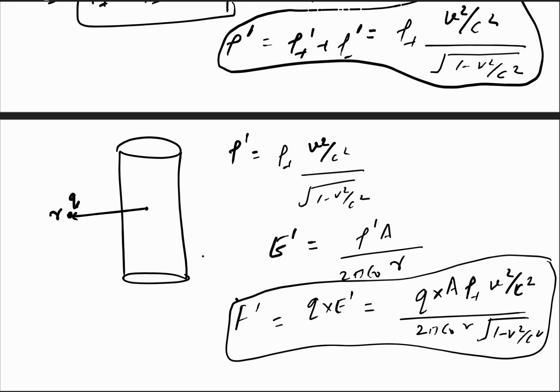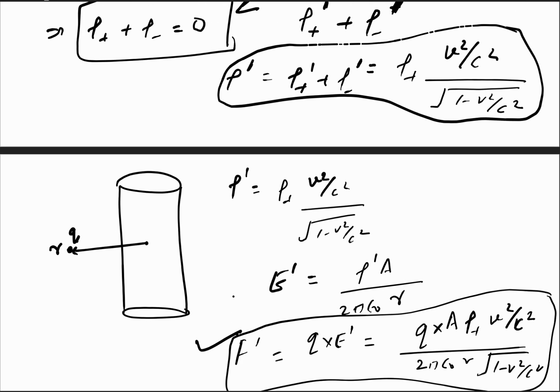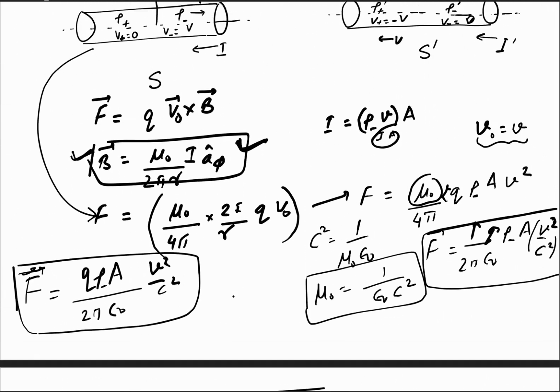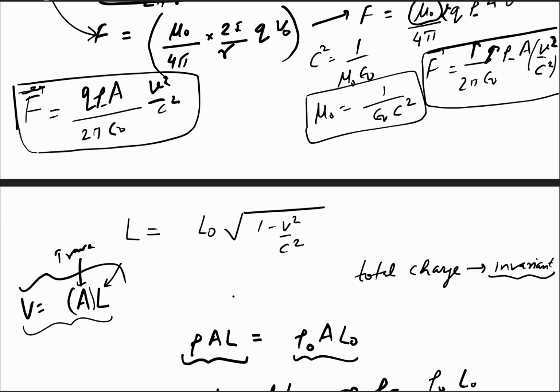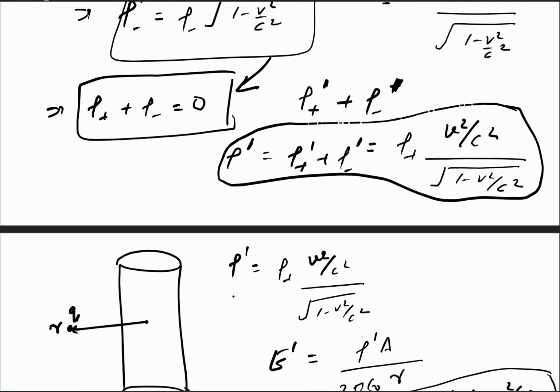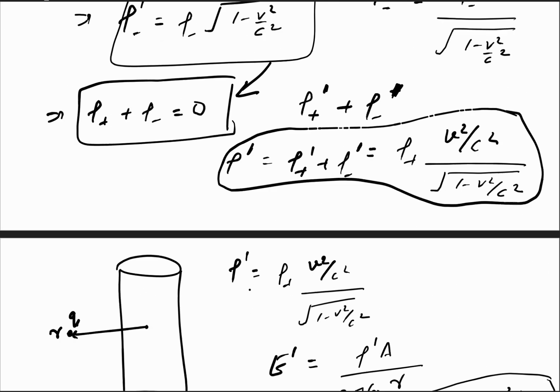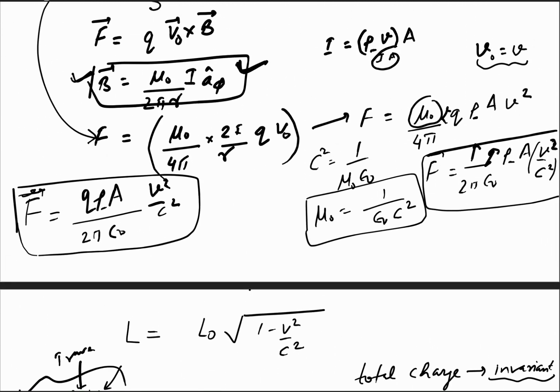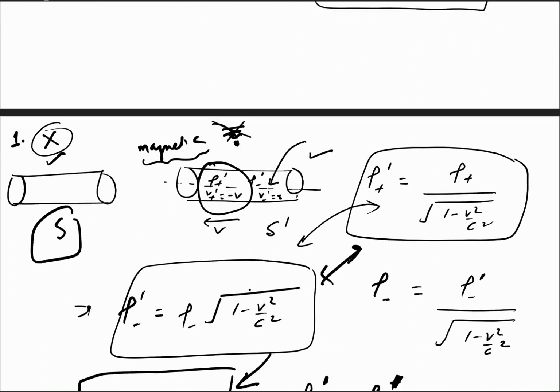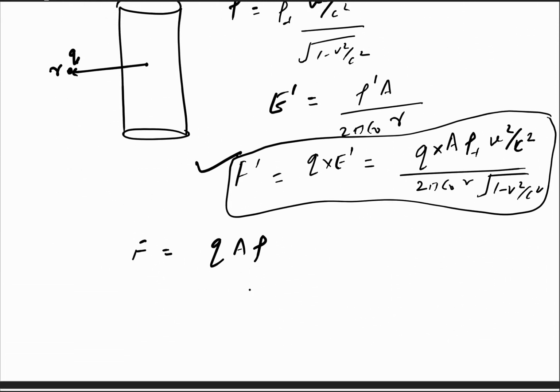So let us compare this quantity with the previous quantity which we calculated through the rest frame. In the rest frame the force is F equal to q a rho, where rho minus and rho plus are equal in magnitude, v square by c square over 2 pi epsilon naught r.